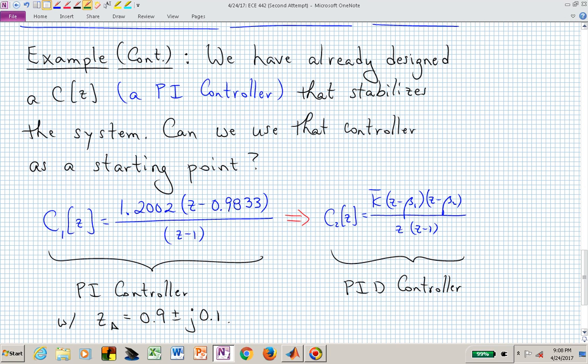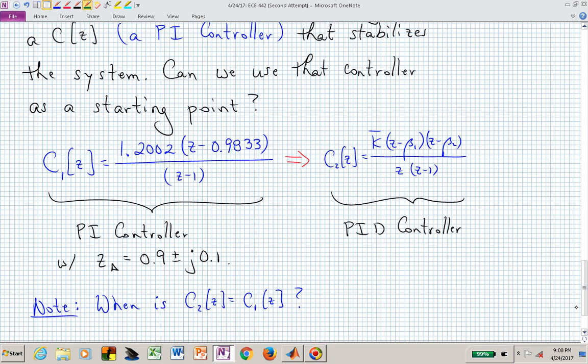If that's now already been done, maybe a PID controller could use that somewhat as a base or as a starting location. So you might be interested in asking, when is this PID controller equivalent to C sub 1 of z?